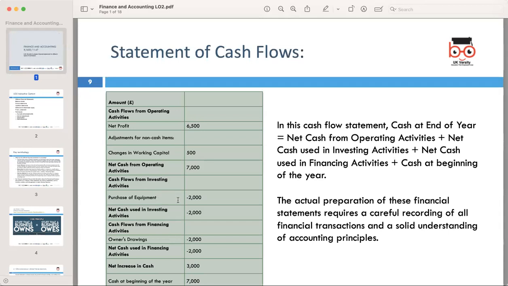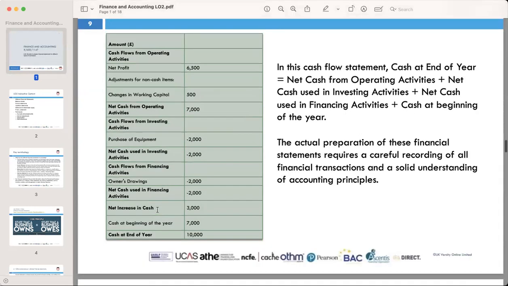Cash flow from financing activities is the third section. This section focuses on cash flows from financing activities involving transactions related to the company's capital structure.